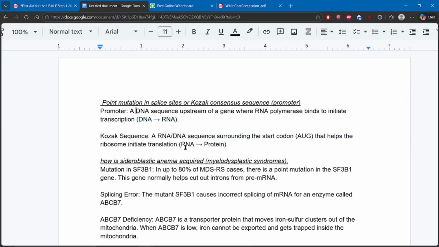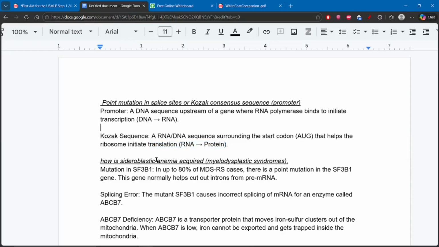The Kozak sequence, however, is a DNA/RNA sequence which surrounds the start codon and helps in ribosome translation. So a promoter sequence is considered when you're talking about forming RNA from DNA, whereas a Kozak sequence is considered when you're talking about initiating translation, which means forming a protein from an RNA molecule.